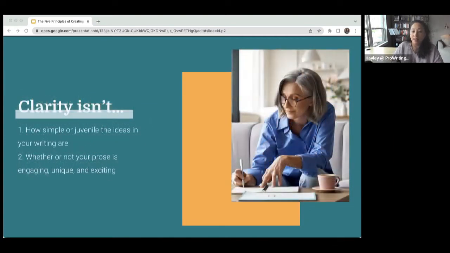On the other hand, clarity has nothing to do with how simple or juvenile your ideas are, or whether or not your prose is unique, engaging, and exciting. A lot of times I get people who are really worried that if they have very simple sentences, that means that their ideas are simple. That could not be further from the case. You can have really complex, complicated ideas while still having simple, clear sentences.